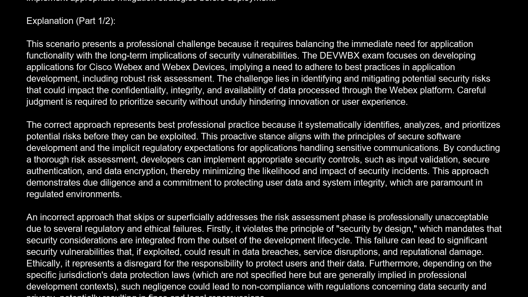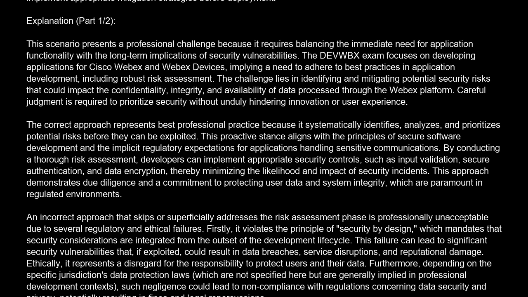An incorrect approach that skips or superficially addresses the risk assessment phase is professionally unacceptable due to several regulatory and ethical failures. Firstly, it violates the principle of security by design, which mandates that security considerations are integrated from the outset of the development lifecycle. This failure can lead to significant security vulnerabilities that, if exploited, could result in data breaches, service disruptions, and reputational damage.